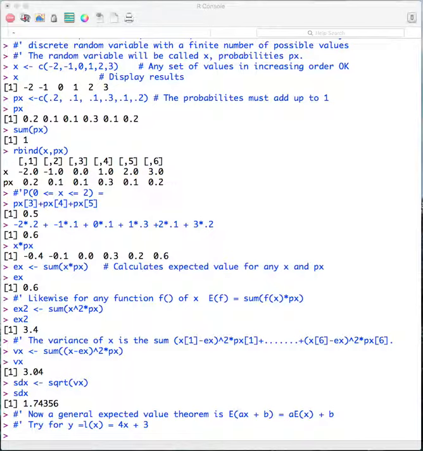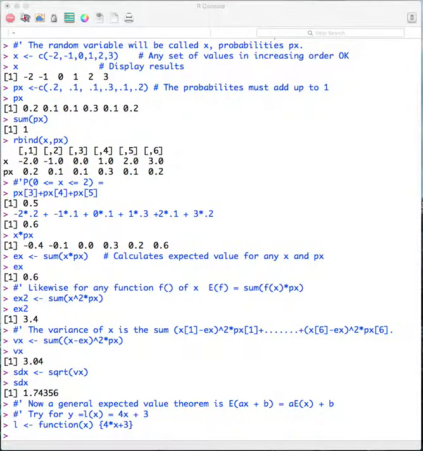So the first thing we're going to do is define a new function called L of x. And notice this is the definition. So L of 3, for instance, would be 4 times 3 plus 3. Now, I'm going to find the expected value of 4x plus 3.